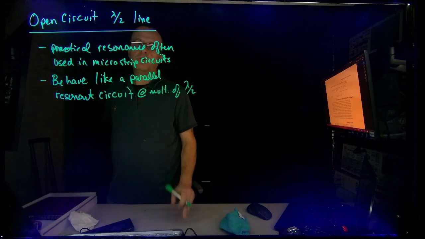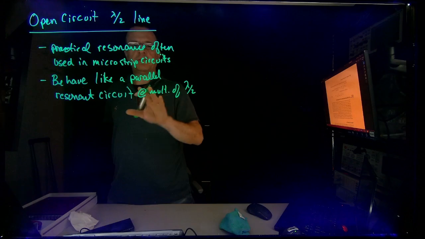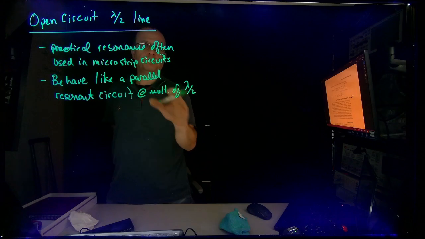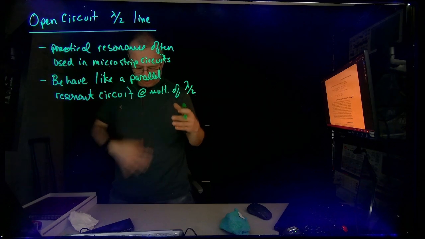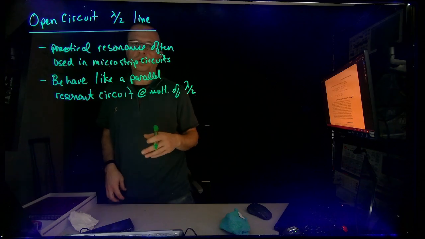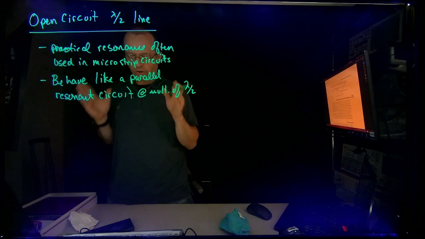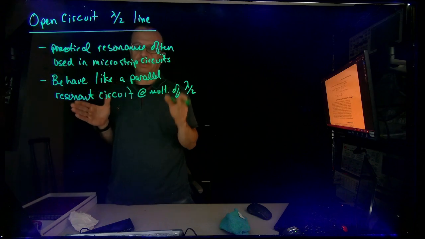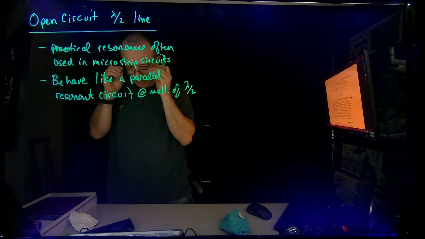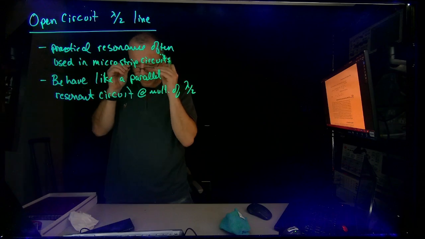So just remember that every time you shift on your wavelength or the line, anywhere you shift on the line, these things are going to change. So when we're talking about this stuff, we are talking about a specific wavelength and a specific length of transmission line that holds the resonance on.